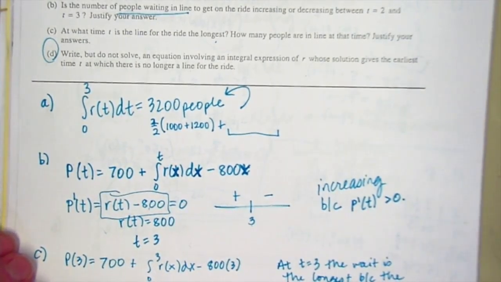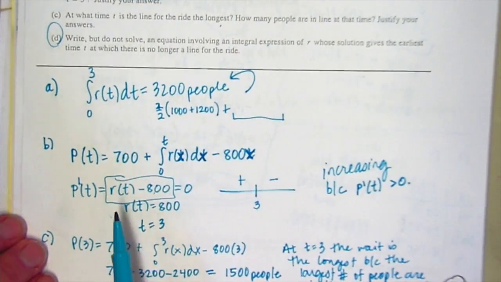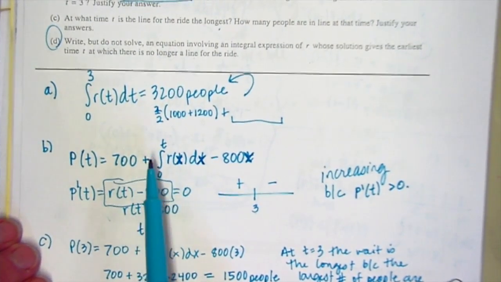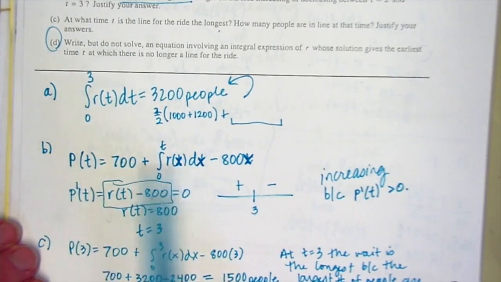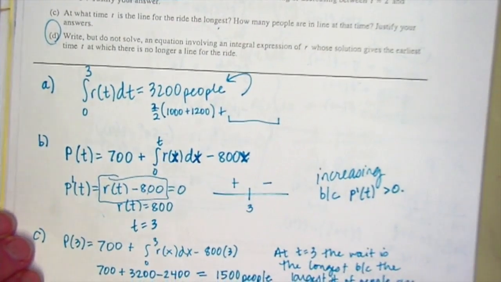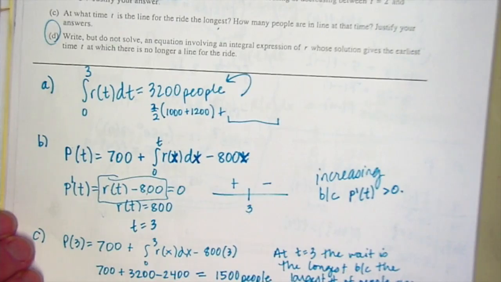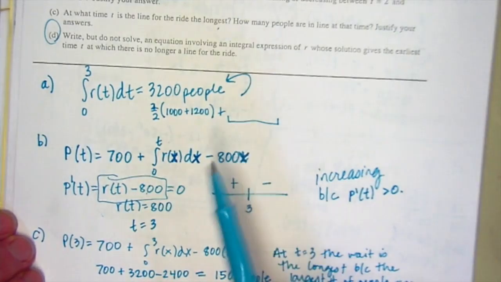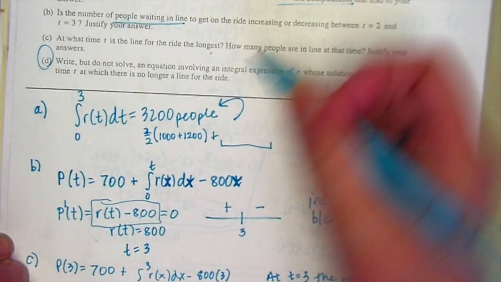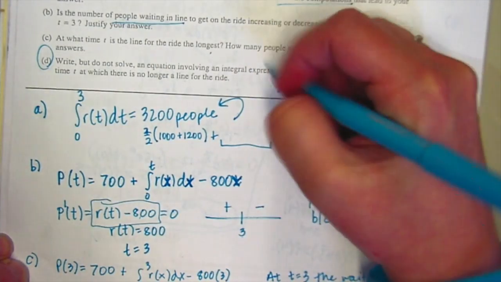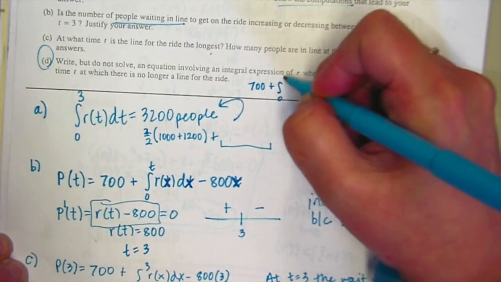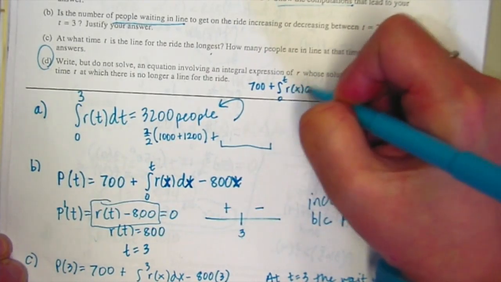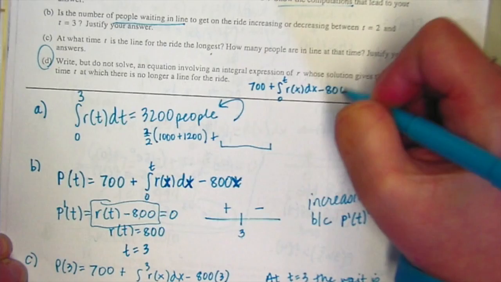That means that we're going to have to, of course, make this here equal to 0. We want the number of people in line to be 0, right? So I'm going to go ahead and just set that particular function that I wrote like 400 times up here. Part D, I want 700 plus the integral from 0 to t of r of x dx minus 800t.